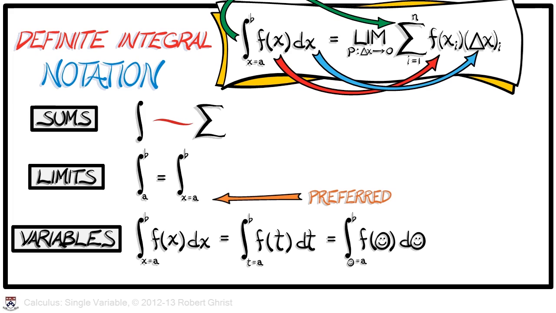One could use other symbols still. What matters is the value of the integral, not the name of the variable with which you integrate. Sometimes we'll just write the integral of f from a to b if it's clear which variable we mean.